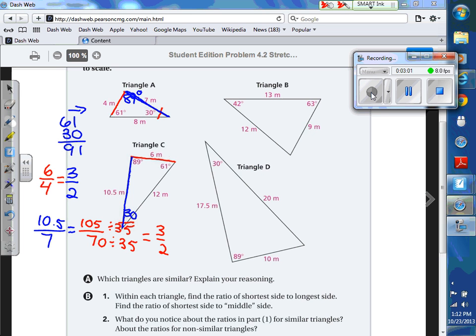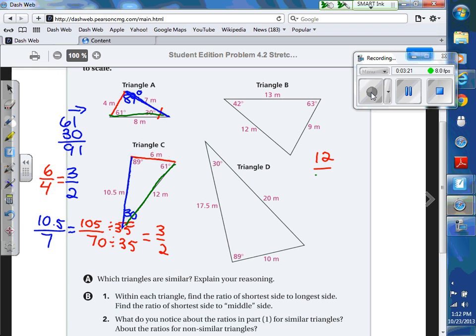Does that make sense? So to complete the process, I have to compare my 12 to my 8, because the third pair of corresponding sides are opposite the 89-degree angle.